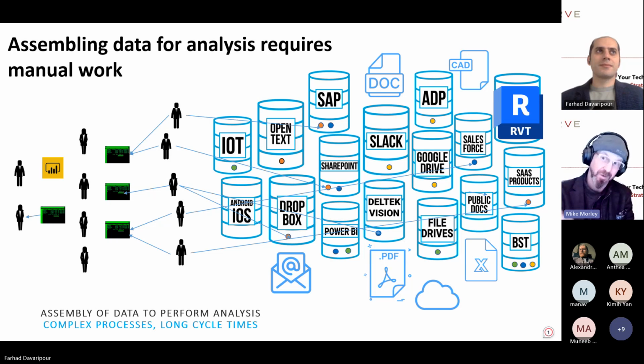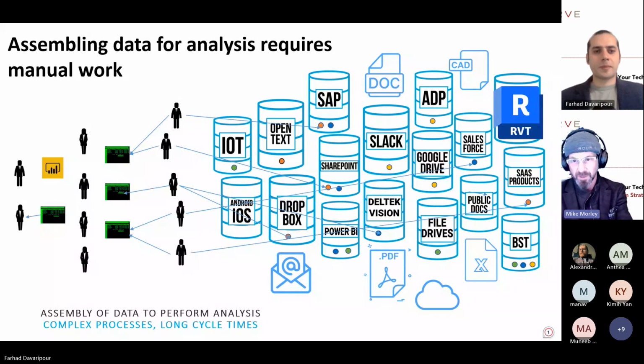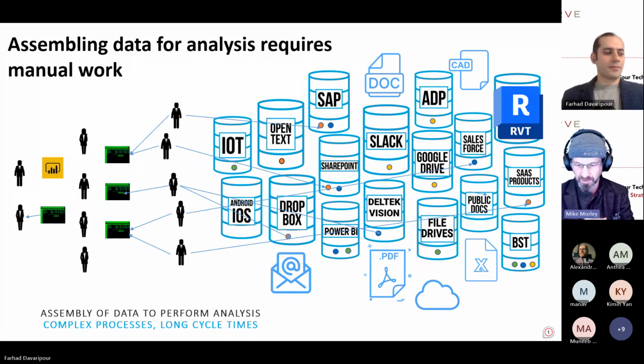Instead of drawing things on Mylar plans like we used to have to do, they have to manually pull data from all of these different sources, put it together, set it in the right form that goes into the finite element analysis tools or other things that are used to do these sorts of engineering, predictive analyses and computational analyses, run those things, get the outputs, transform them back into a form that can go back into the design software, often by hand, run them again, put them back out. So this becomes an incredibly time-consuming process.